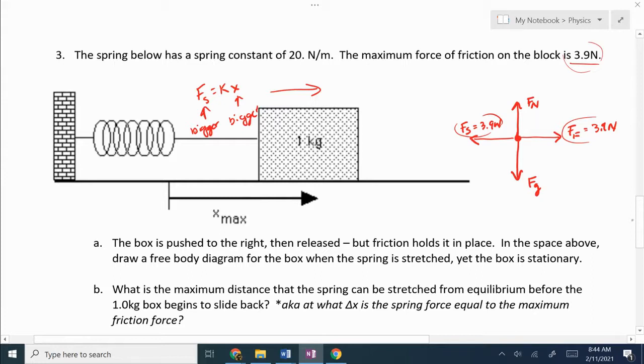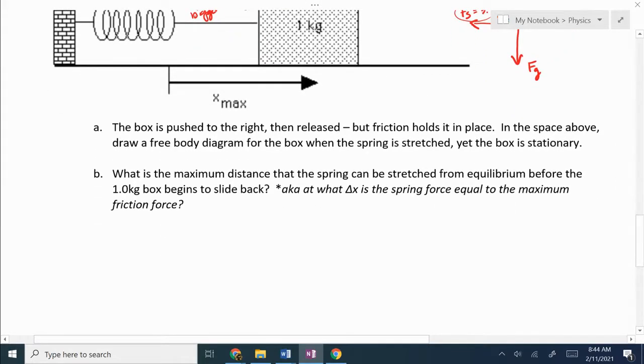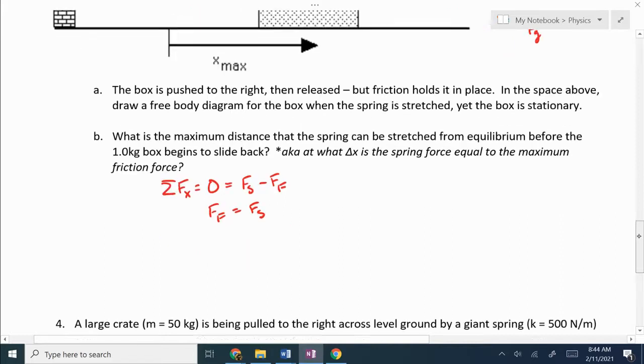So basically, we can do this all the way out, or you could just set Fs equal to 3.9. And basically, FF is equal to Fs when we've done it at the maximum.